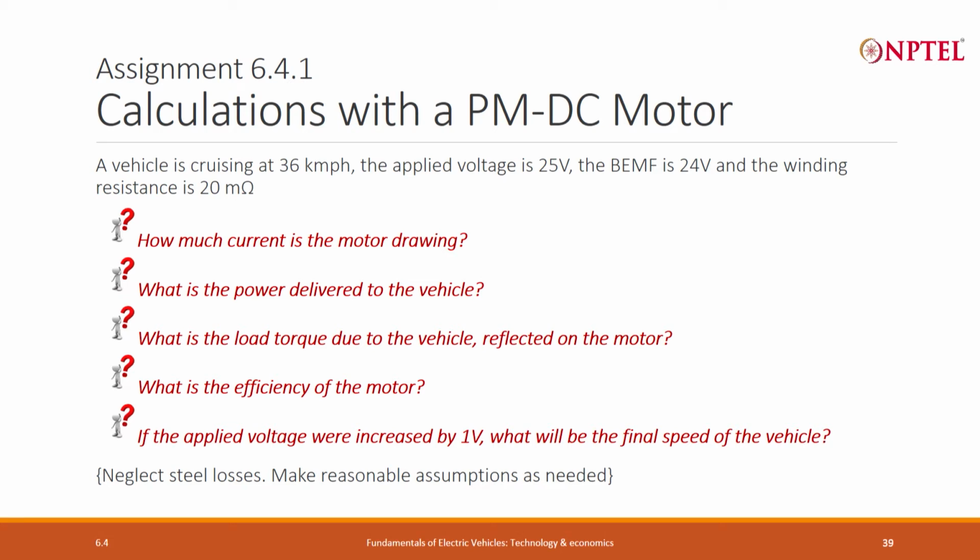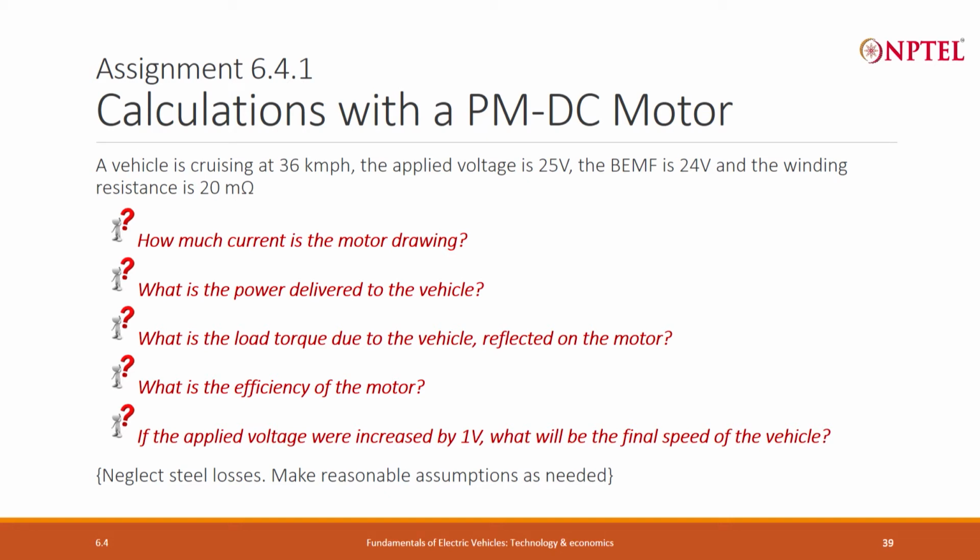And then if I were to slightly increase the voltage coming from the battery, I have a potentiometer or something, a throttle. Instead of 25 volts, I slightly increase it and make it 1 volt more. You already know that therefore, more current will flow, therefore, more torque will be produced.